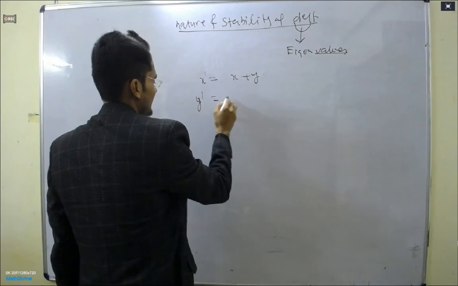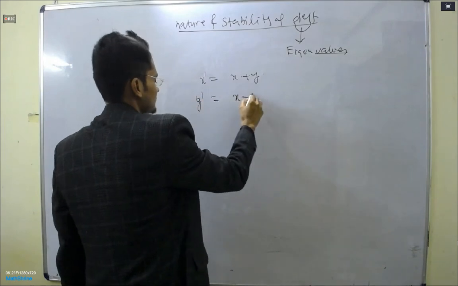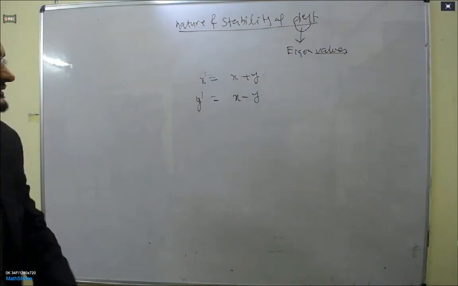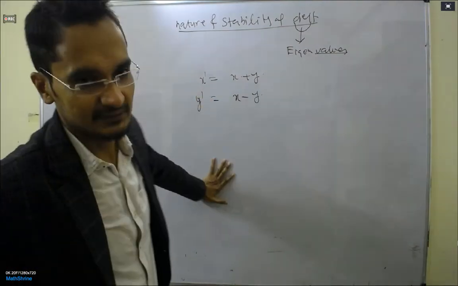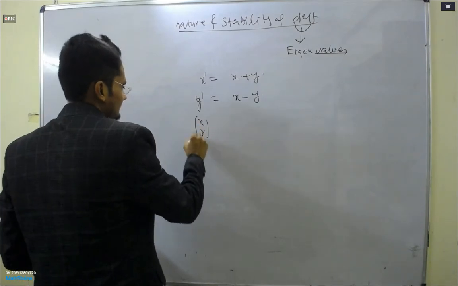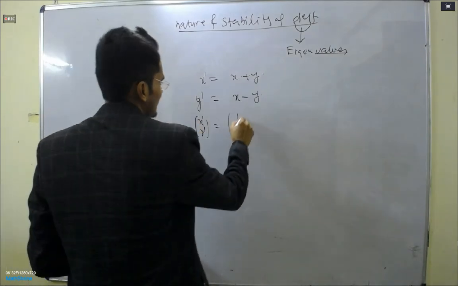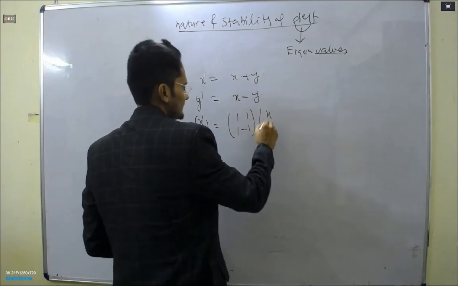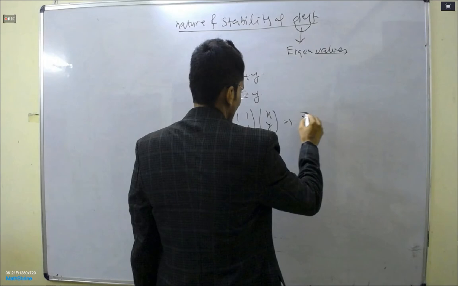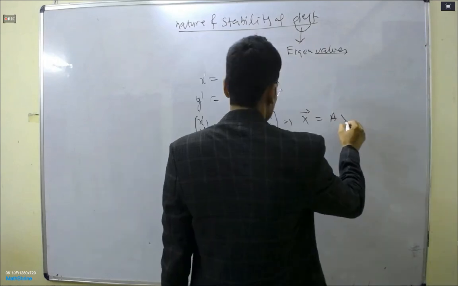You can ask why I am taking 2 by 2. My dear friend, you can take any 3 by 3 or 10 by 10 or 100 by 100, there is no problem. The method that we are employing for 2 by 2 will work for any order. Now you have to calculate the eigenvalues of this matrix.